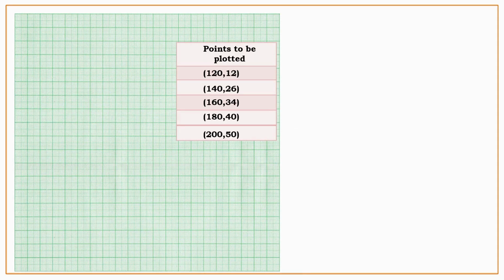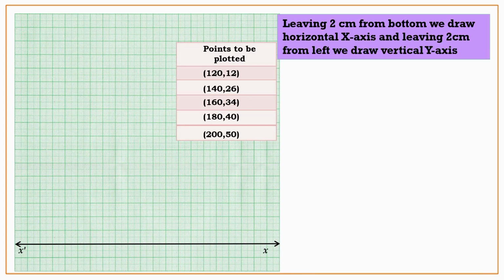Now let's take the graph and mark the axes. Leaving 2 centimeters from the bottom, we draw the horizontal x-axis, and leaving 2 centimeters from the left, we draw the vertical y-axis.